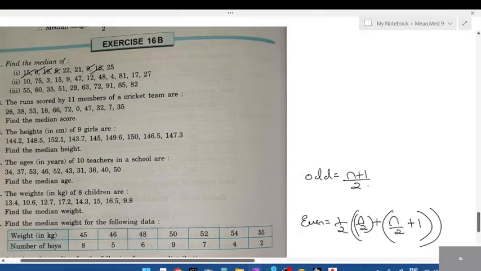How do you arrange them, students? Tell me in ascending order. 3, 4. Cancel it as you solve, just cancel as you write. If not, you will repeat the numbers. 3, 4, next 17. After 17.